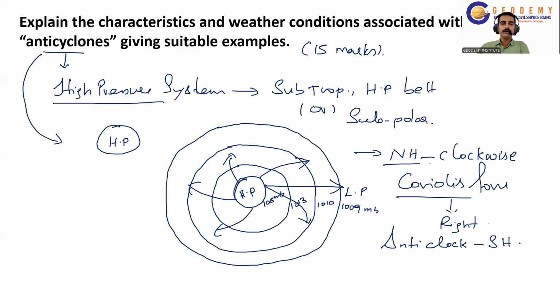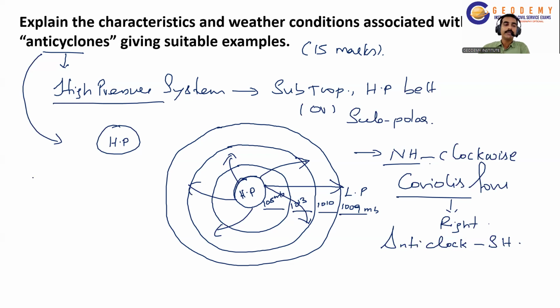Then the wind velocity. The wind velocity will be relatively slower than that in the tropical cyclone because the pressure gradient is less here. In the tropical cyclone, the pressure gradient will be much steeper.